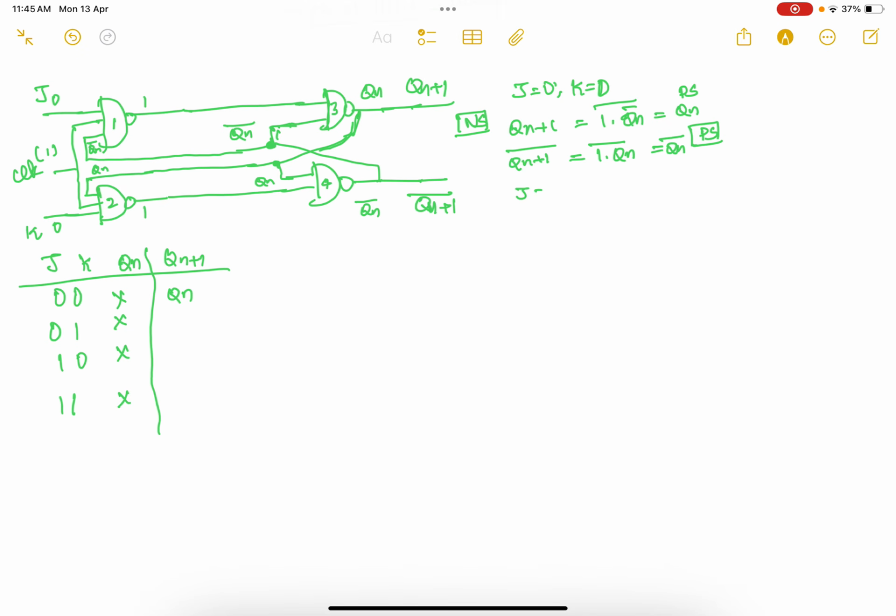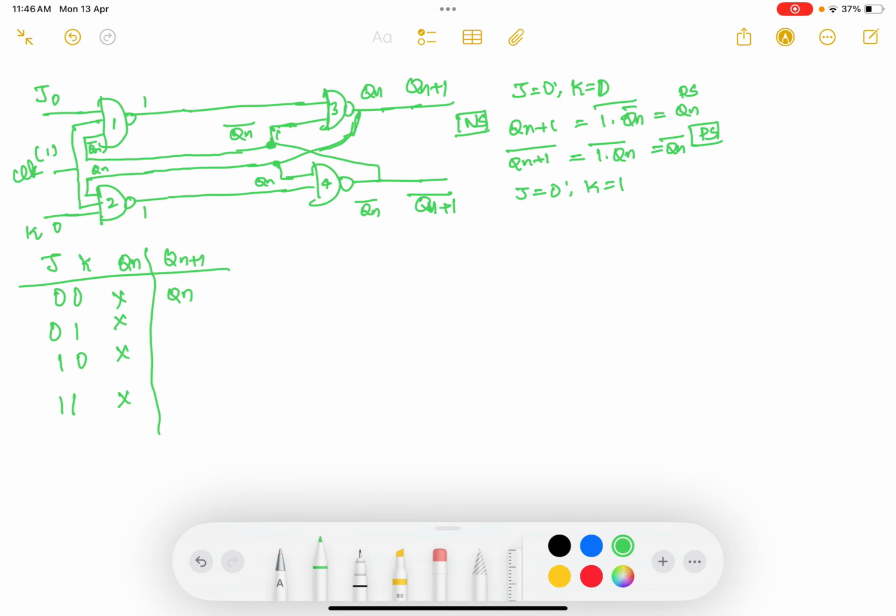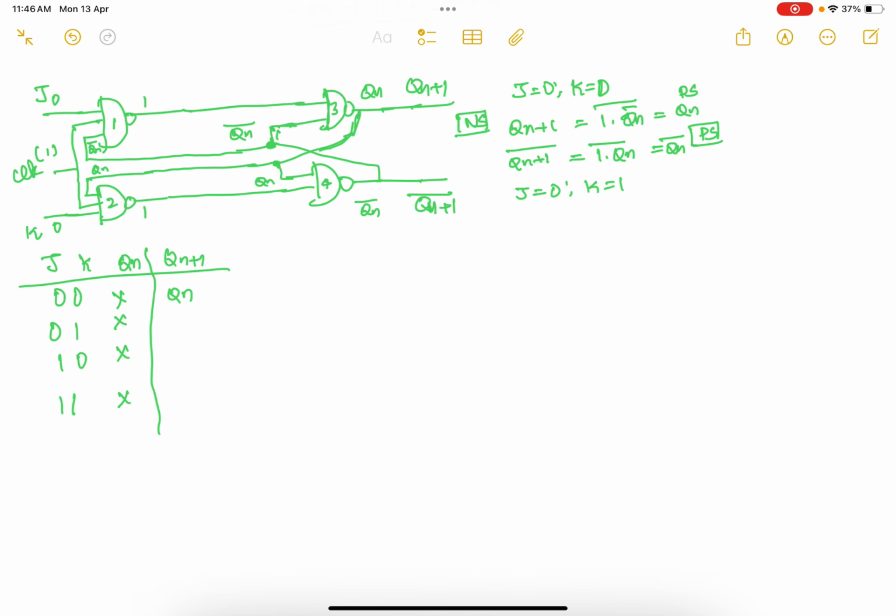Now for the next condition, that is J equal to 0 and K equal to 1, what will be my Qn+1? To make it very clear, I am changing the color to red.